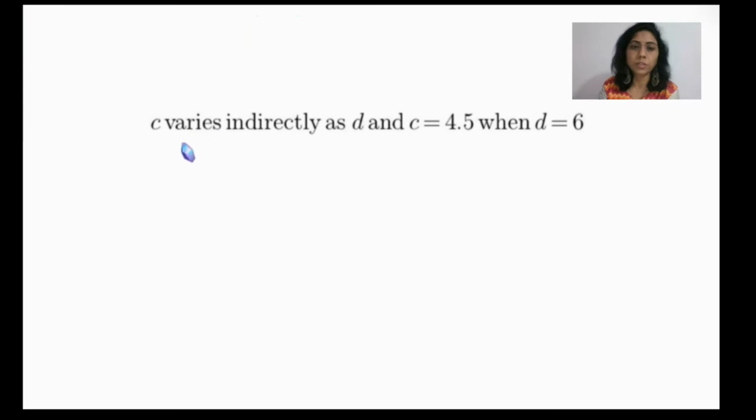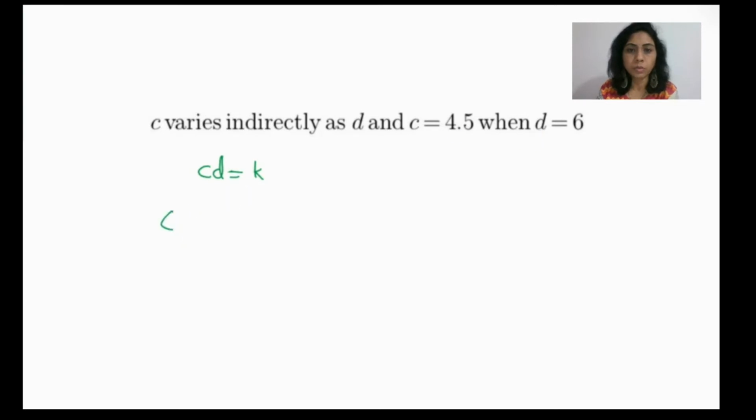Now this is the second question. C varies indirectly as D. So here actually C multiplies with D. Indirectly tells us multiply, and K. So we wrote this formula, and now we can put in the values and find the constant.